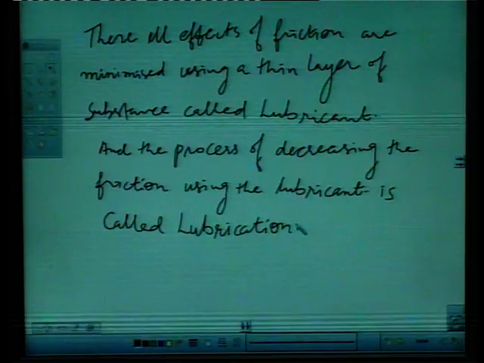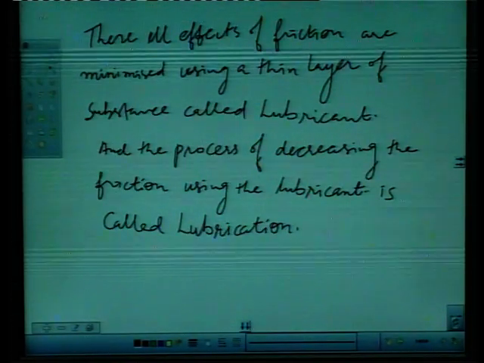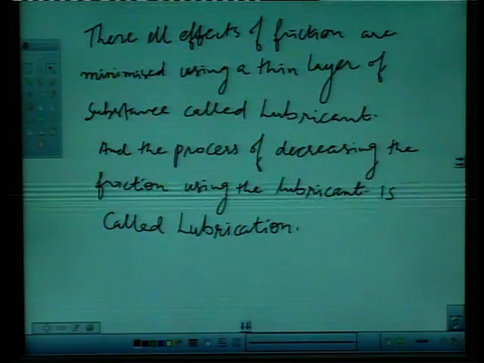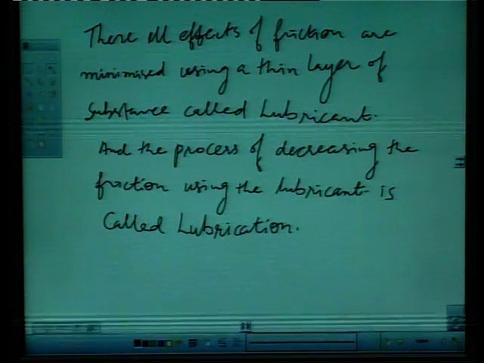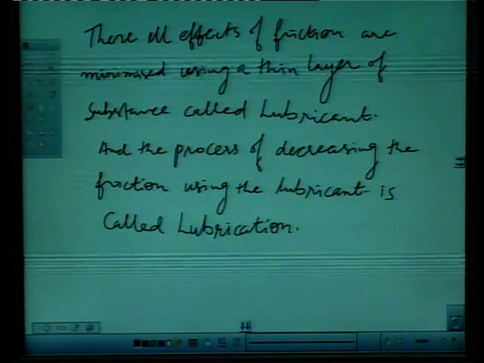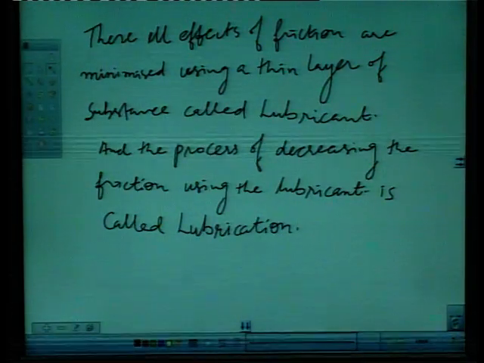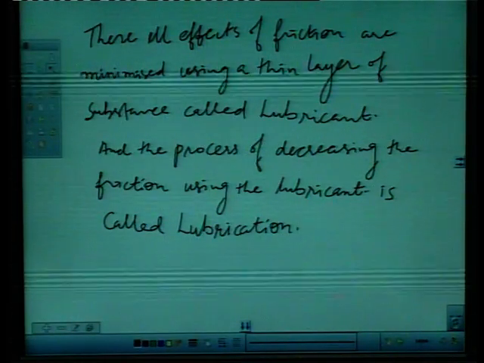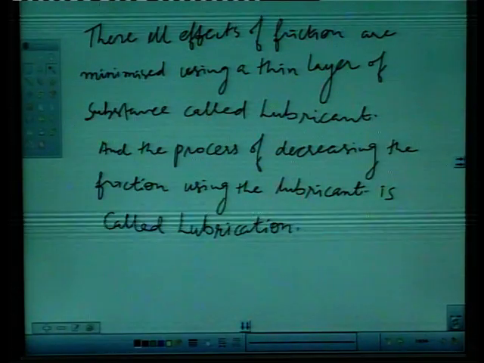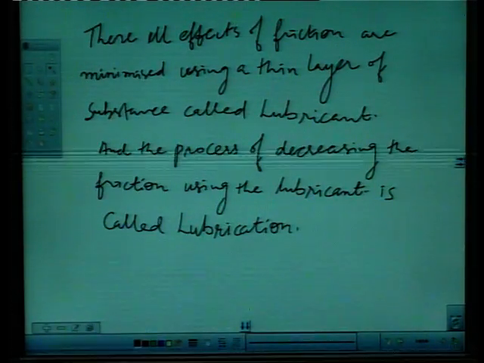Lubricants are a thin layer of substance that is introduced in machine parts to reduce the friction, and this process is called lubrication.